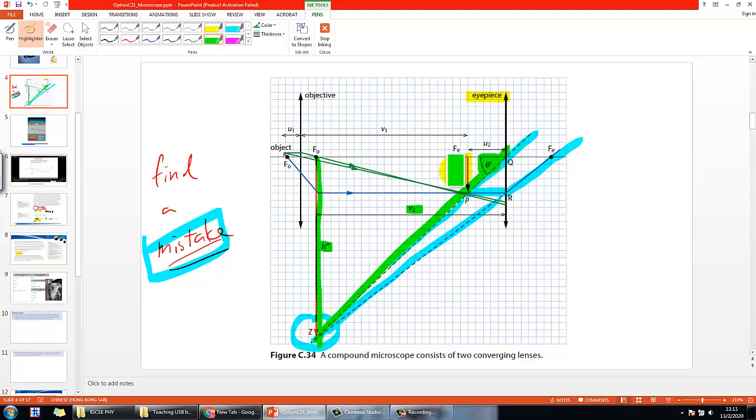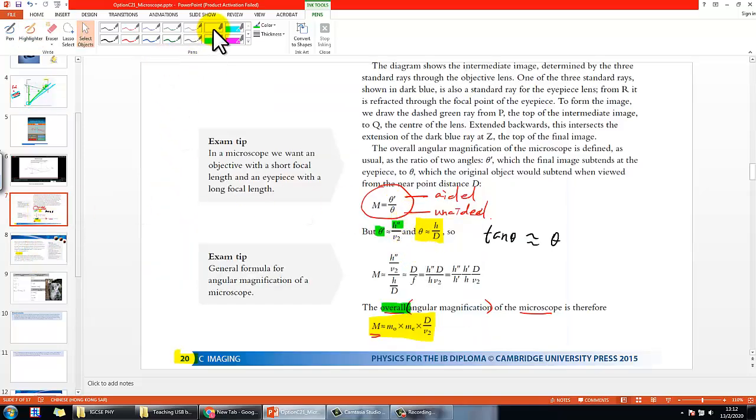Then tangent theta, which equals theta, you can find. You could also use u2 and h prime, but it depends on the situation, to see which one is more convenient. Usually h prime prime will be more useful if you want to calculate the final image size. So that's why I think here we use this one.